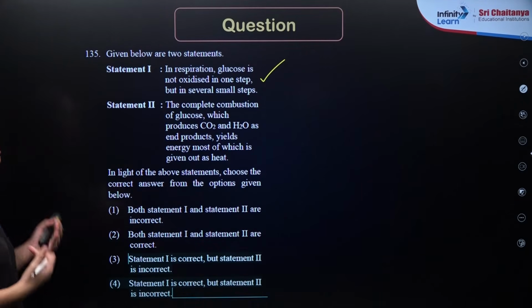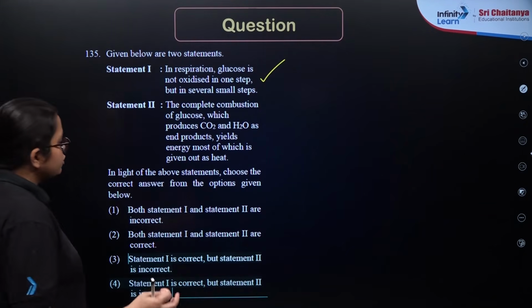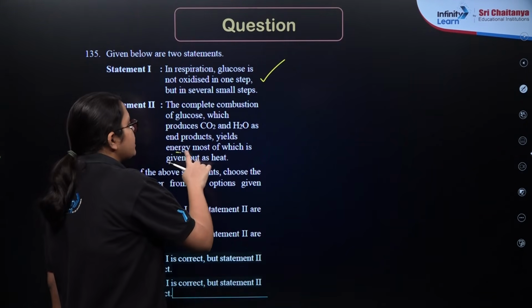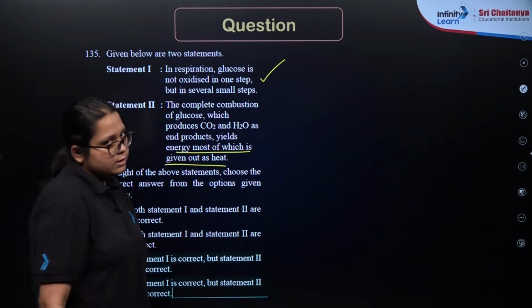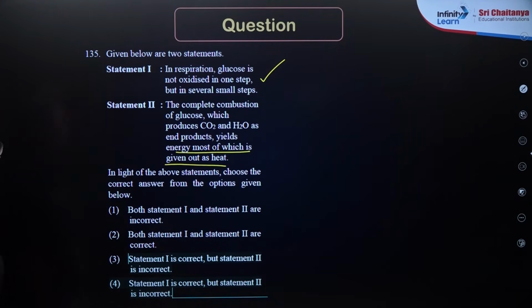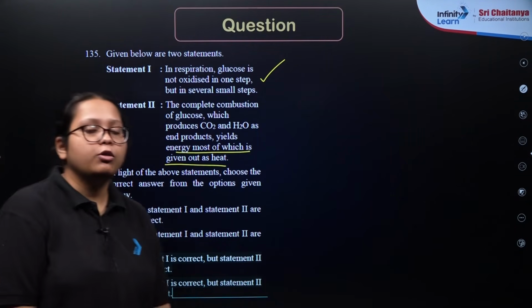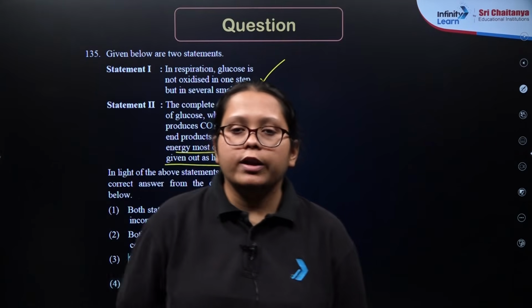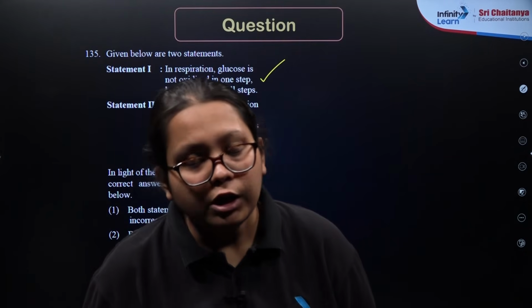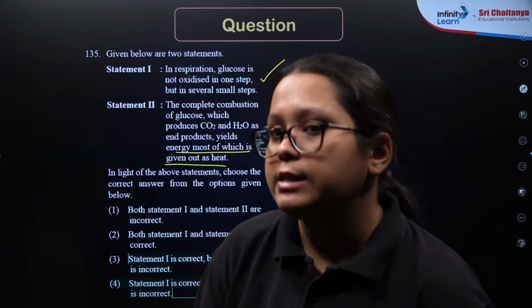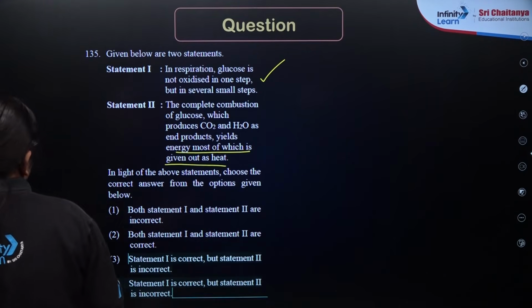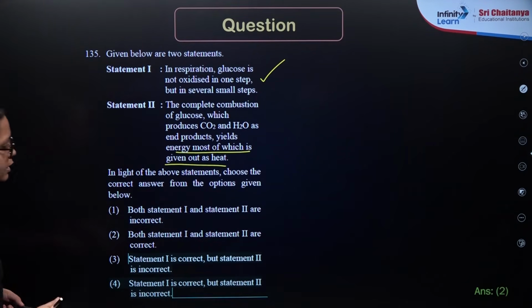The second says the complete combustion of glucose, which produces CO2 and H2O as end products, yields energy, most of which is given out as heat. Yes, the complete oxidation of glucose will give you CO2 and H2O and a large amount of energy which is mostly released as heat. So both statements are correct.